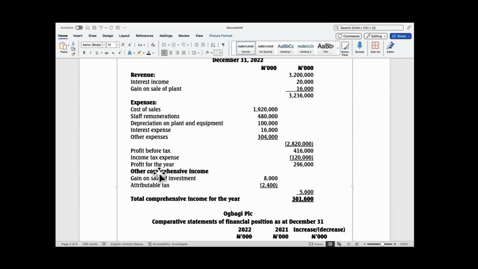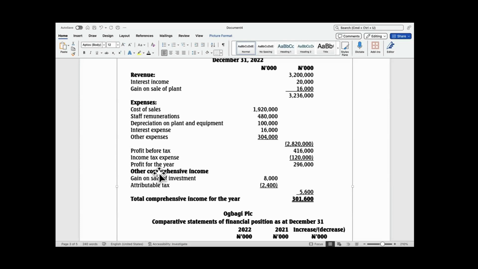Particularly since I'm using the direct method, you can be logical and pick it one by one like that. And so if you put it as part of your operating activities, the examiner will not mark you bad, because according to IAS 7, it's left to the policy of the organization when it comes to issues like that.